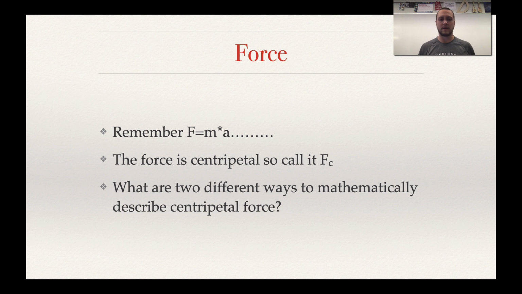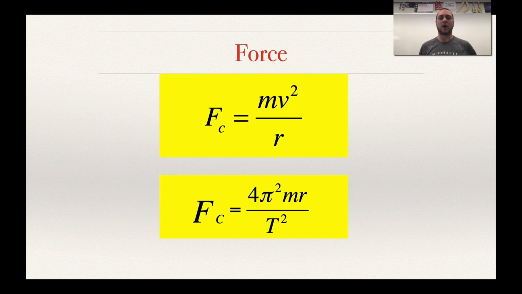So mathematically, we have two different ways that we can go about finding this centripetal force. And each of them is going to be a derivation using F equals ma, where we can pull both of our formulas for the centripetal acceleration and multiply them each by mass. What we see are these two formulas here. Our two base formulas for centripetal acceleration were the tangential velocity squared over the radius and 4 pi squared times the radius divided by the square of the period.